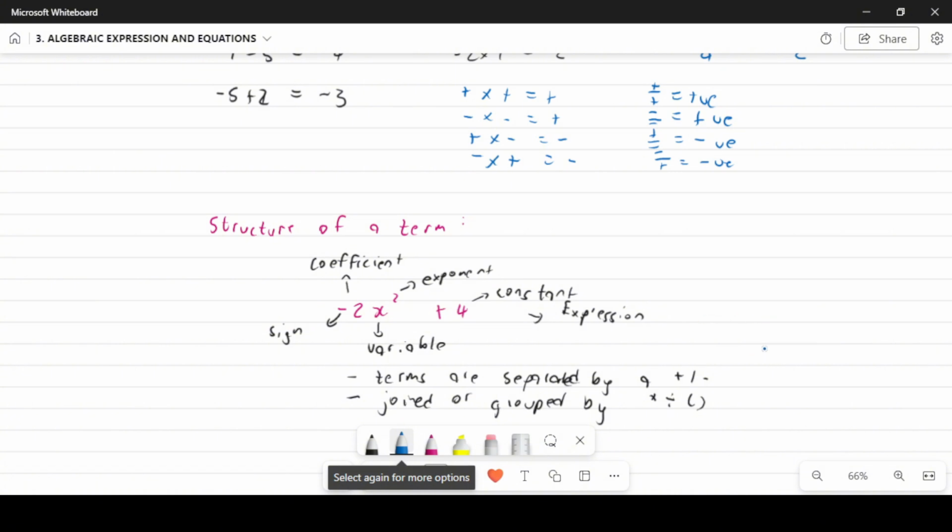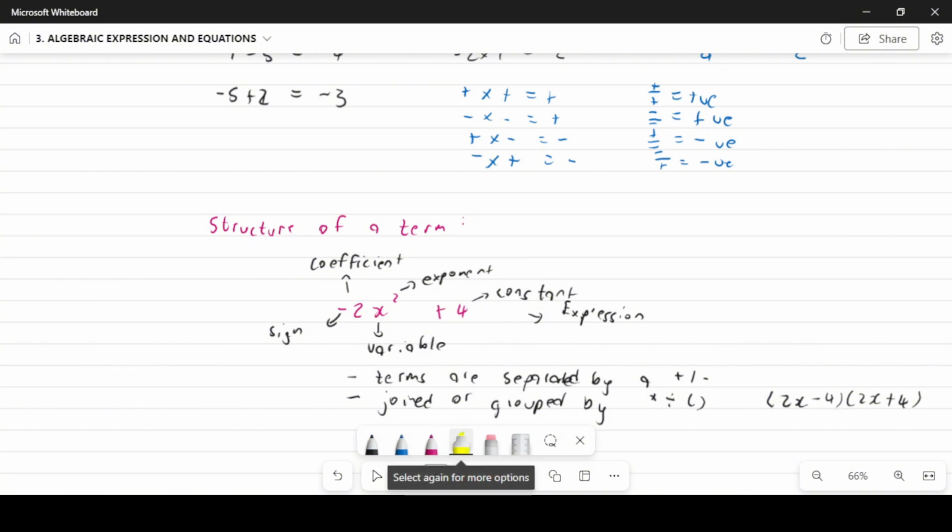Okay. However, if I look at something like this here, that's how the plus and minus sign separates terms. How does multiplication, division, and brackets group terms? You will see this a lot, especially when we start discussing factorization. If you see something like 2x minus 4 and 2x plus 4, this is what we call a binomial.